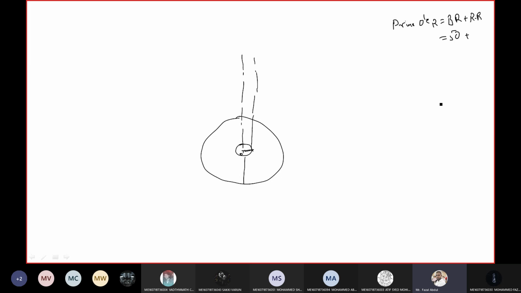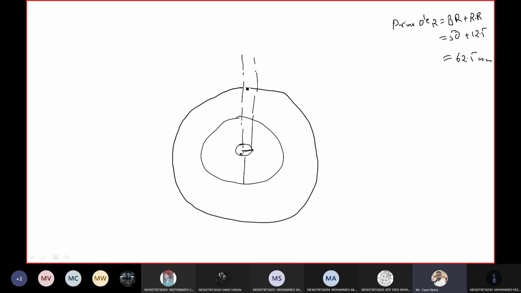So the roller radius is 12.5. So total how much? 50 plus 12.5, 62.5 mm. Measure 62.5 radius with the compass and draw another circle. That is known as the prime circle.